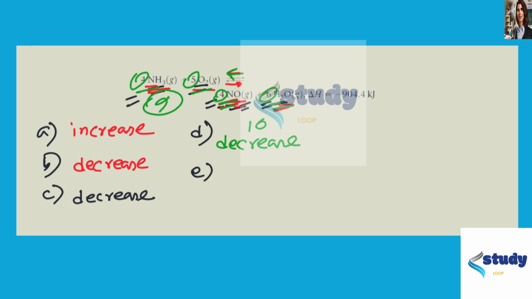Then in part E, we are asked to find out if we add a catalyst, whether or not it will change the yield of nitric oxide. When we add a catalyst, what happens is it increases the reaction rate in both directions. The role of a catalyst is to reach the equilibrium at a faster rate, and in that case, both the forward and the backward reaction rates will increase.